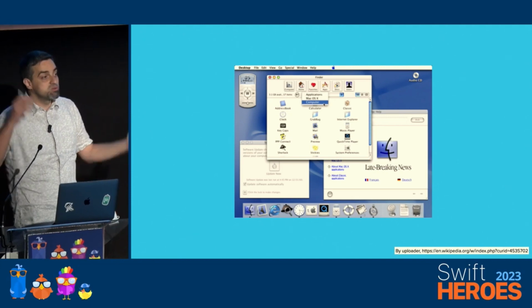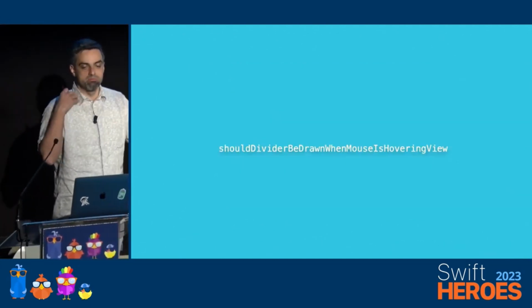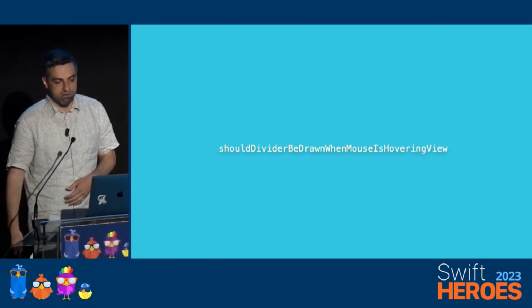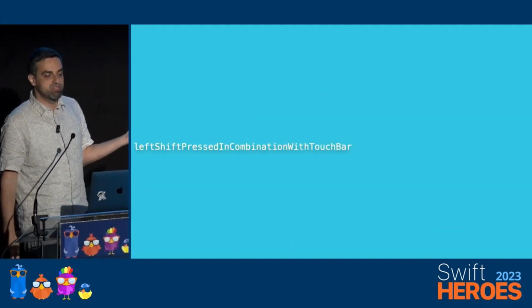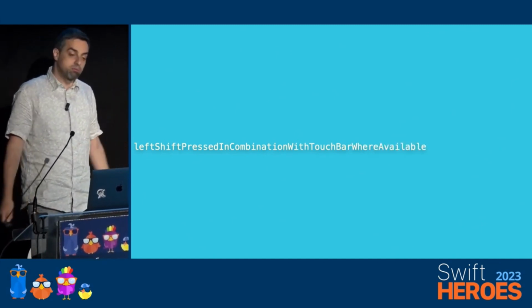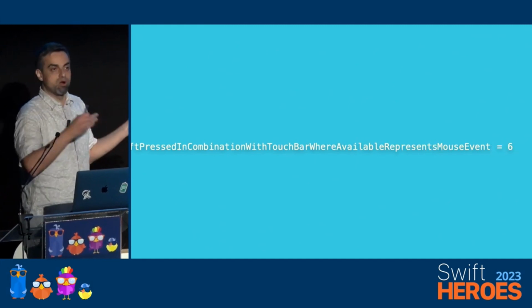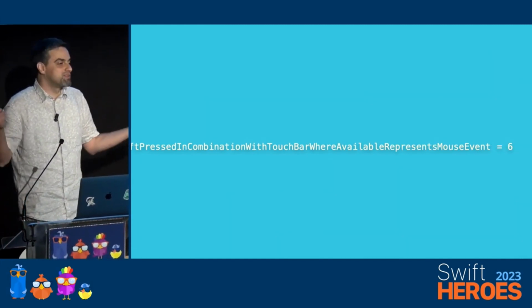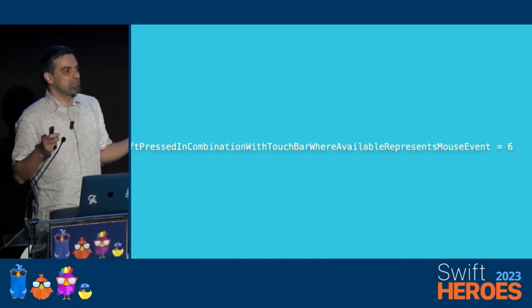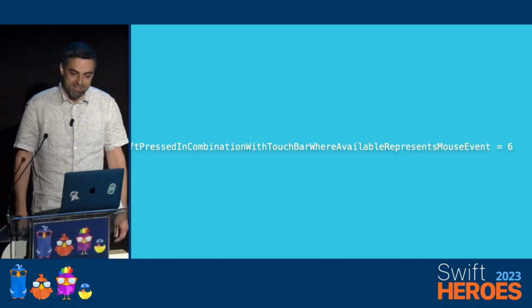Every class has 100 properties, and they're all called something like, should divider be drawn when the mouse is hovering view? Or left shift pressed in combination with touch bar where available represents mouse event. And you got to set this to 6 to properly work. And so, this happens with time, right? Time makes perfect, but also adds 100 properties to every class.